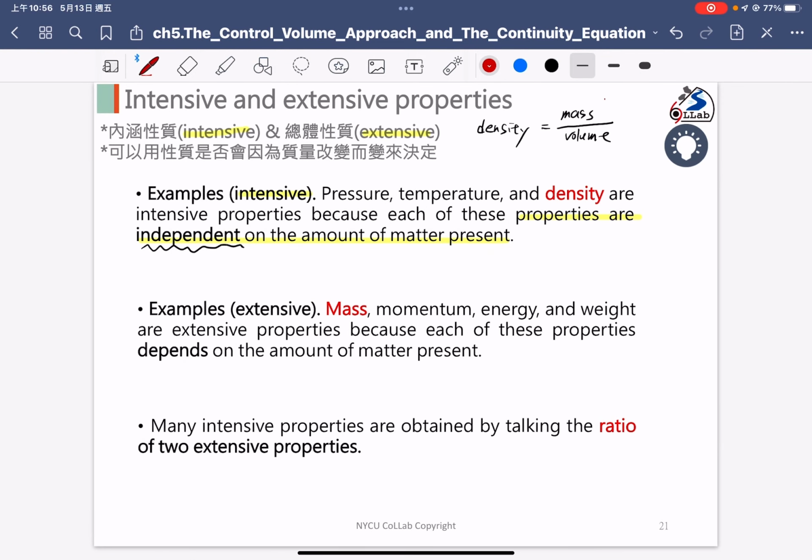If the mass increases, how does the density change?